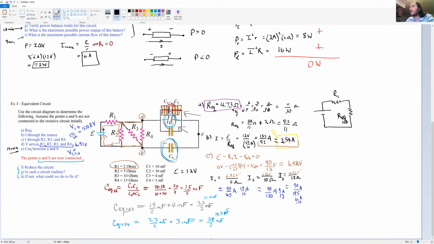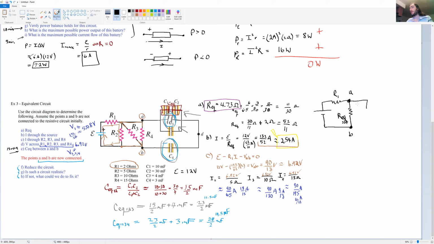We're not sure if R1 is in series with REQ 2, 3, 4 because the points A and B here now have a little bit more stuff going on. We do know, however, that we can reduce C1, C2. Those are in series.